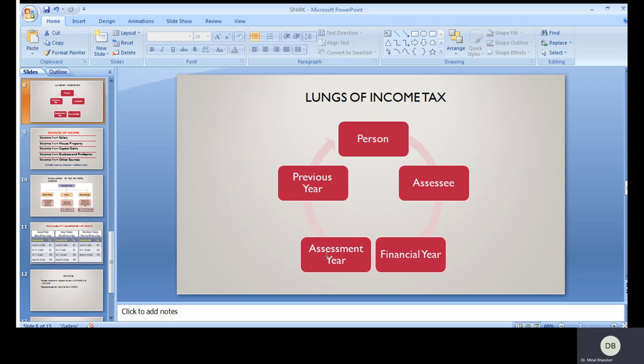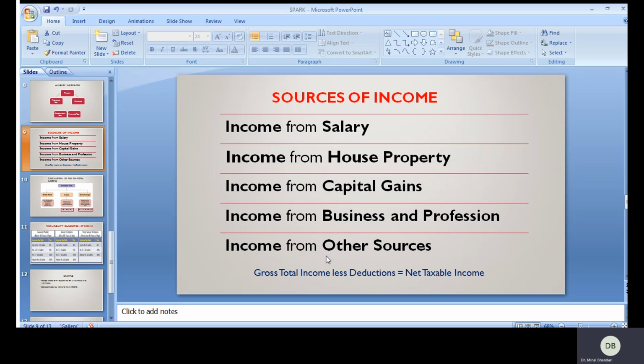So these are very important concepts of income tax which we need to know before learning about different aspects of income tax. Now the important topic: income and its sources.